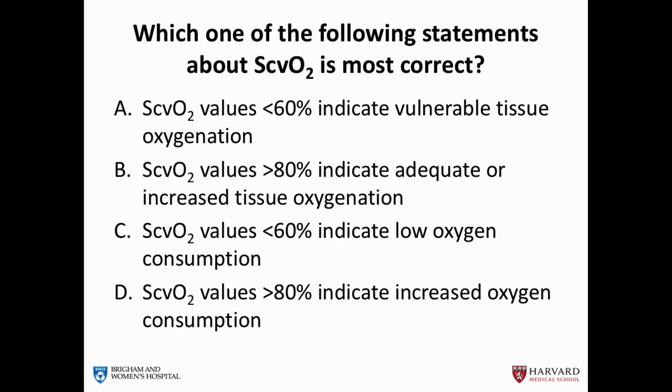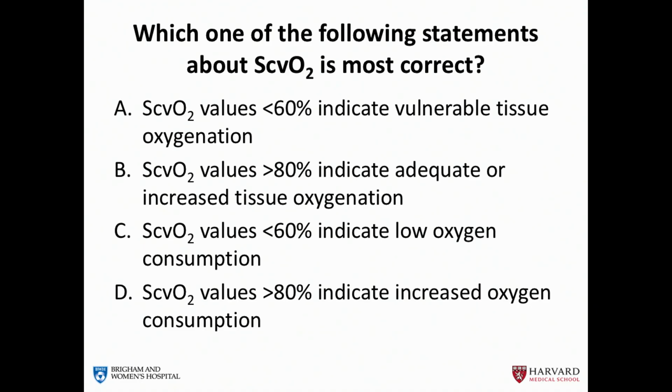Which one of the following statements about central venous oxygen saturation is most correct? Central venous oxygen saturation values less than 60% indicate vulnerable tissue oxygenation. Central venous oxygen saturation values greater than 80% indicate adequate or increased tissue oxygenation.